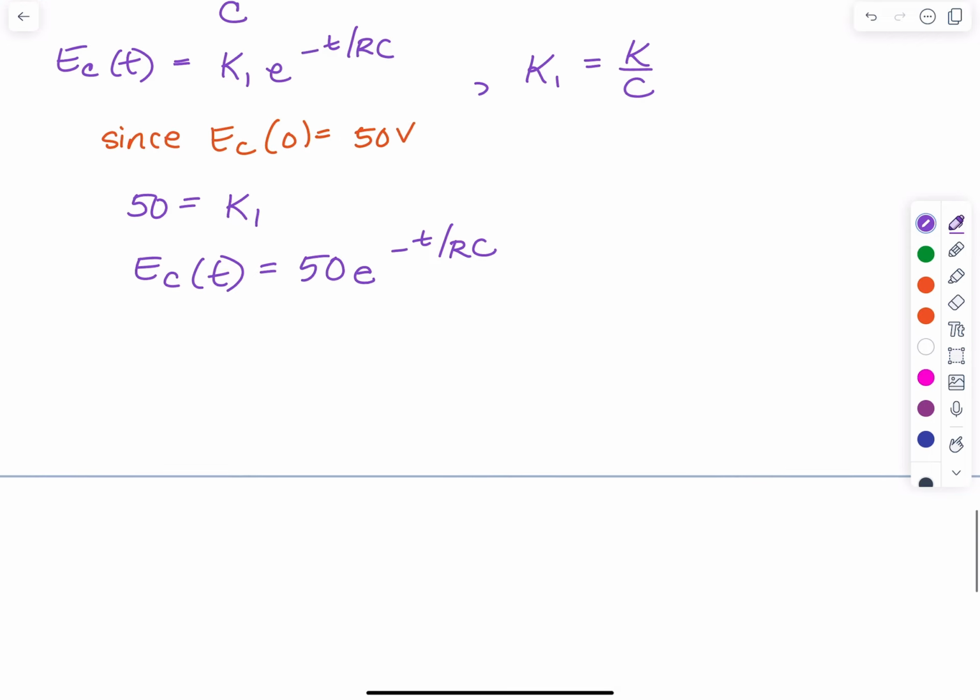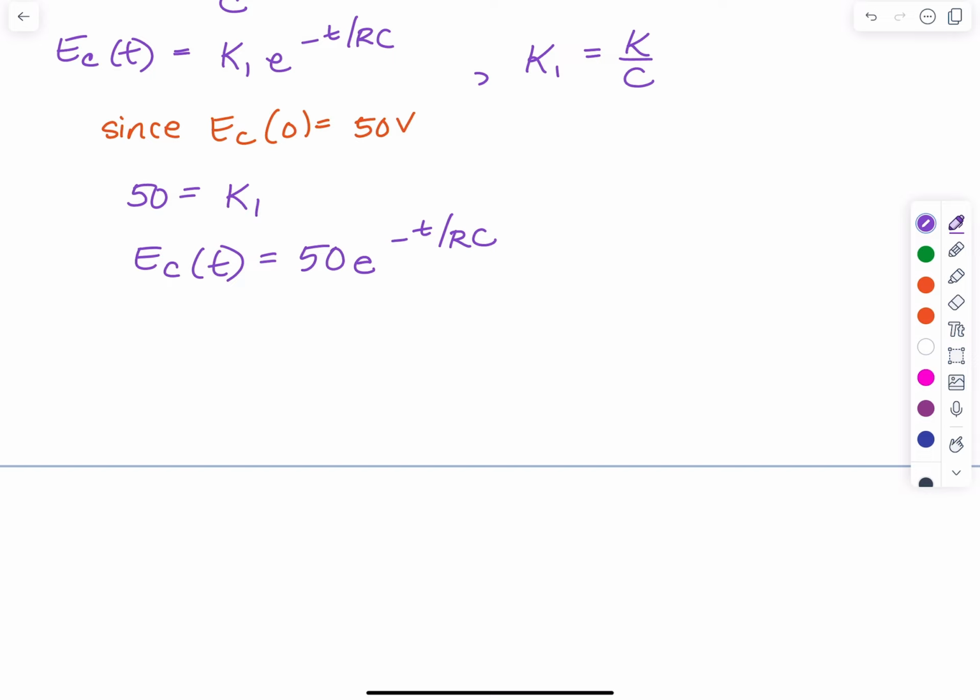So now let's go ahead and use E sub C of T equal to 25, since we were asked how long it will take the capacitor voltage to dissipate to half of its original value.